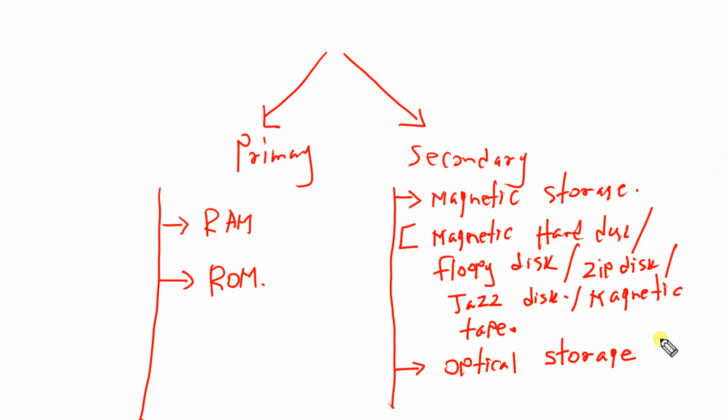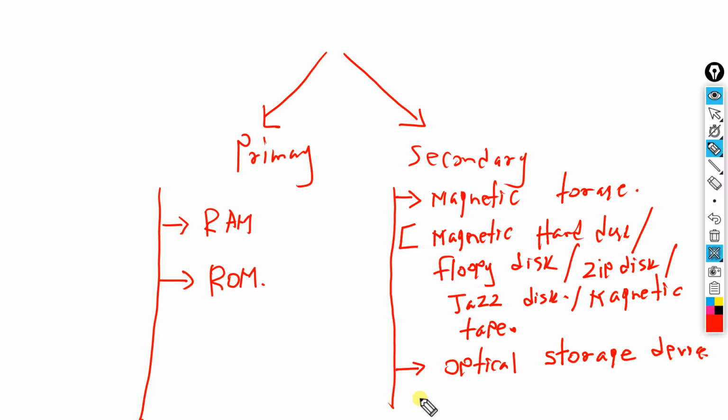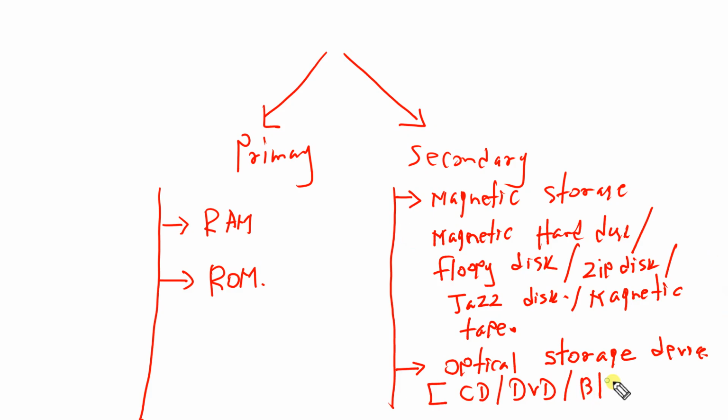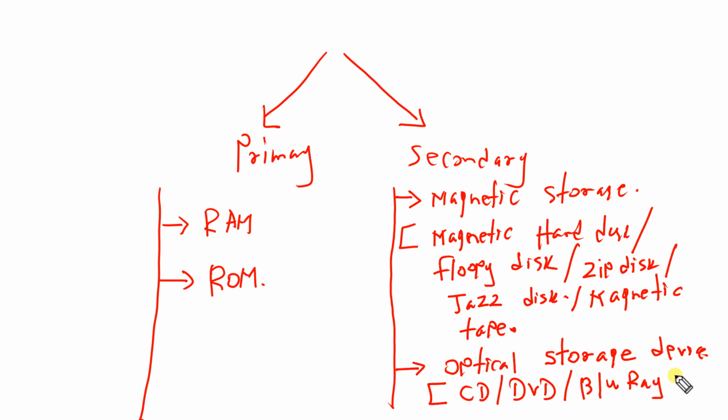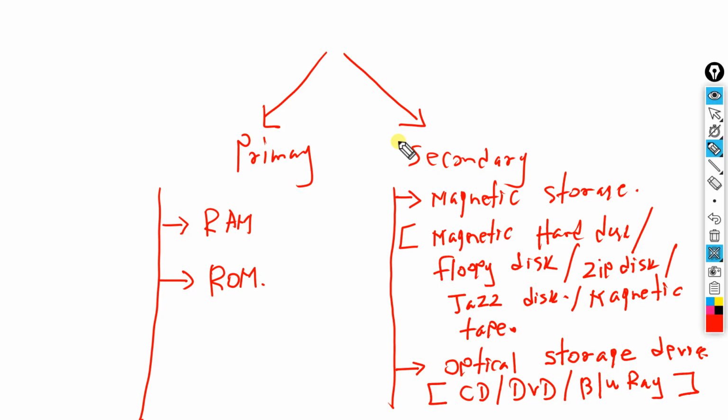Optical storage devices, Putte, are nothing but what we use: CDs, DVD, Blu-ray. This is secondary storage.